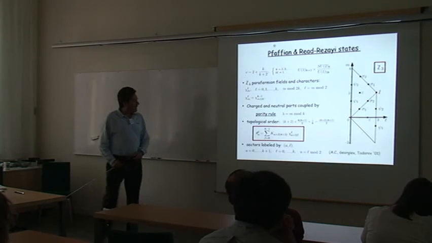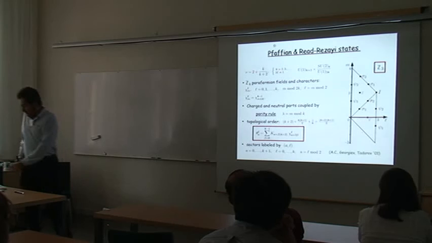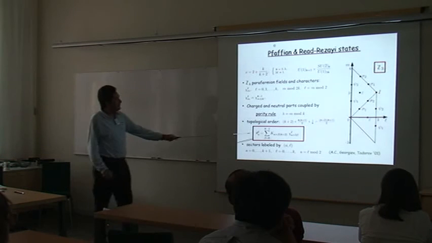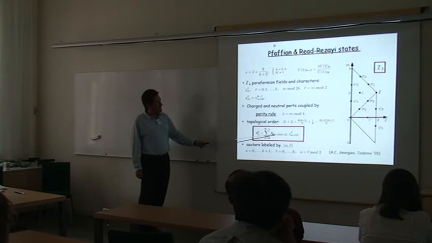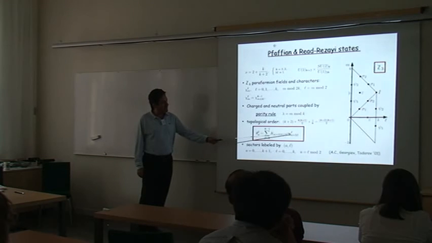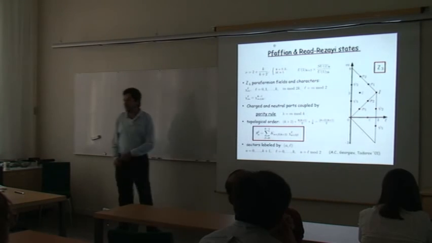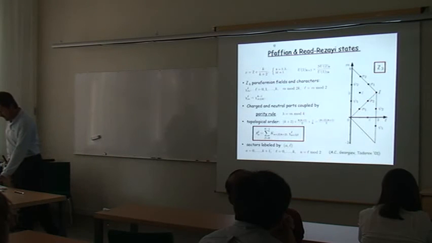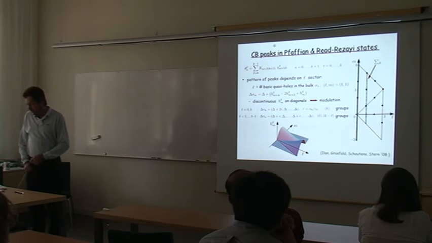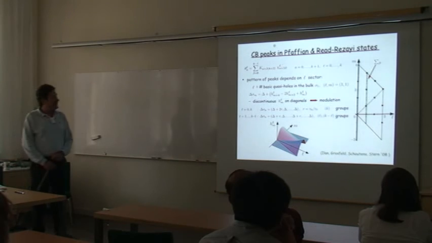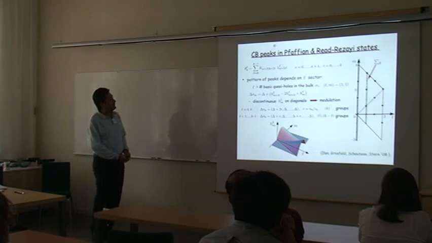Okay? And so now you know from this formula that adding an electron is just comparing one term here with the next term, and so you have to compare the corresponding energies. And then you have a pattern of peaks, which is the following.